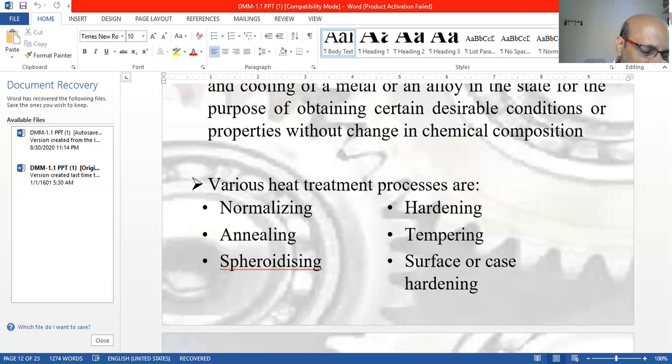So tempering is also called a drying operation, and there are some reasons for it.